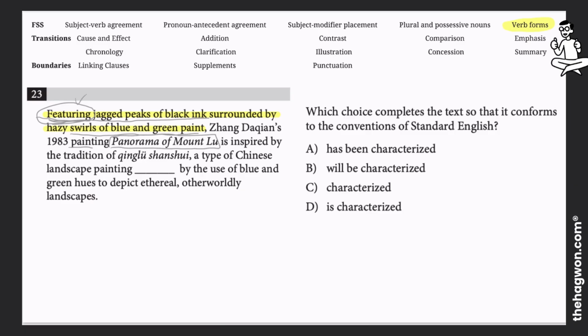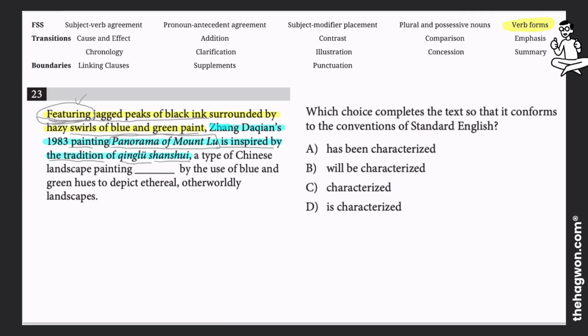Now, our verb is inspired by the tradition of qinglü shanshui, a continuation of our independent clause. But if you think about what our subject and object would be, just by looking at this sentence, Zhang Daqian's 1983 painting Panorama of Mount Lu is inspired by the tradition of qinglü shanshui.